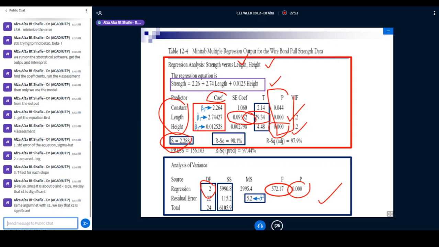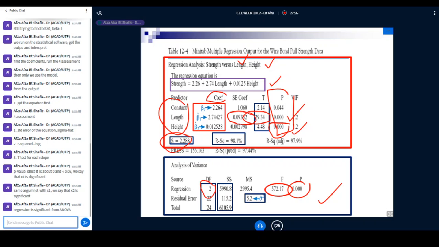From the ANOVA, we say that the regression is significant. If we are okay with that, then only do we go on to do the prediction.